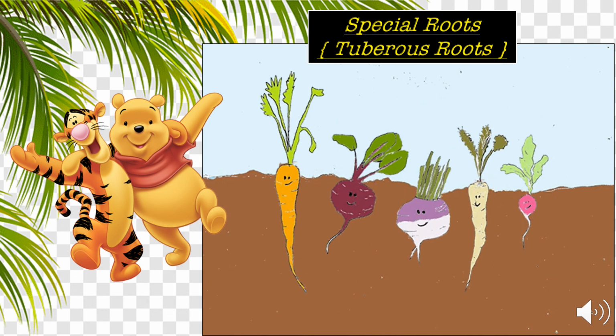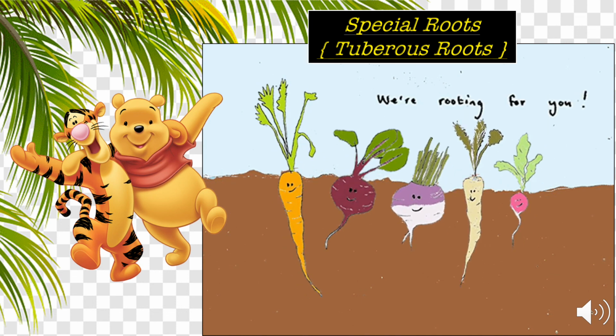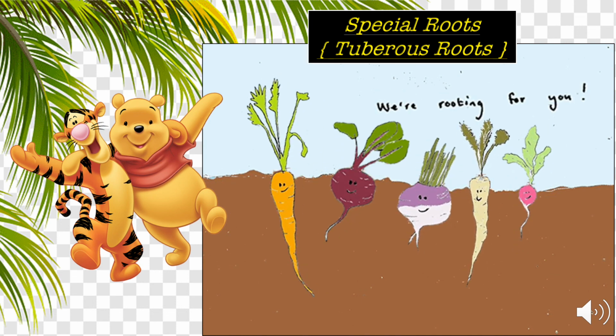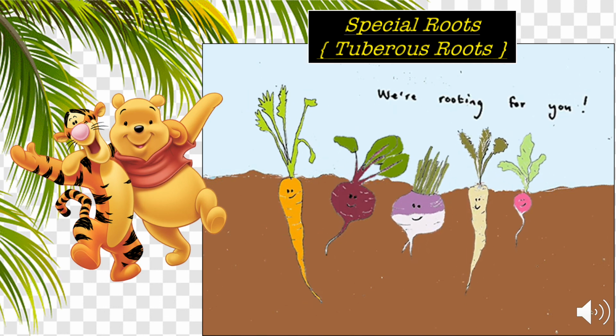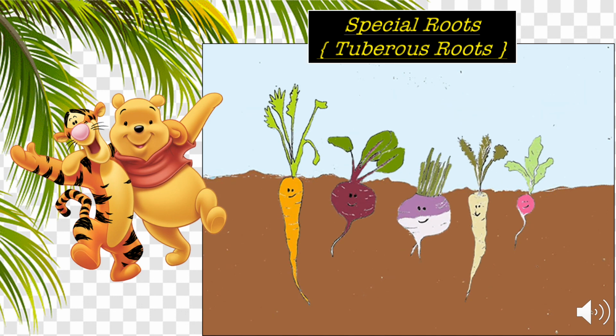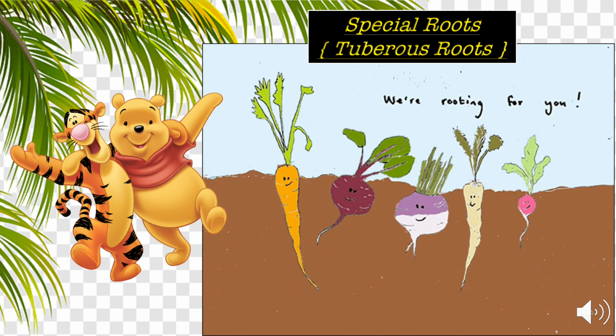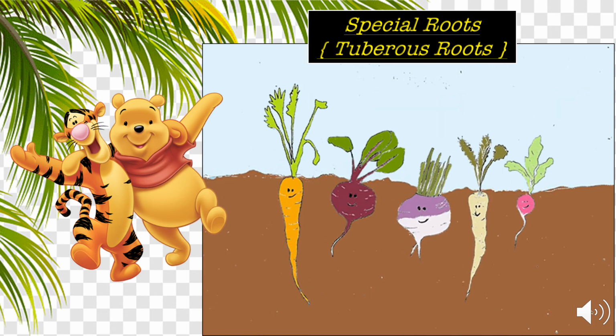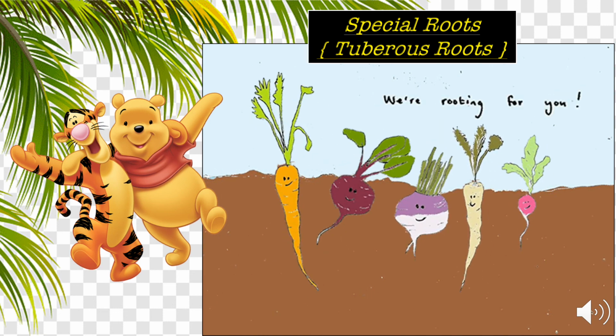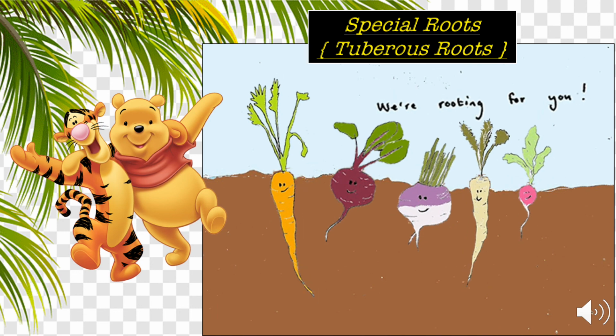Jokes apart, children, these are a few special roots which are also called tuberous roots. Some plants have a special type of roots. Certain plants like turnip, carrot, radish have enlarged roots to store a large quantity of food.